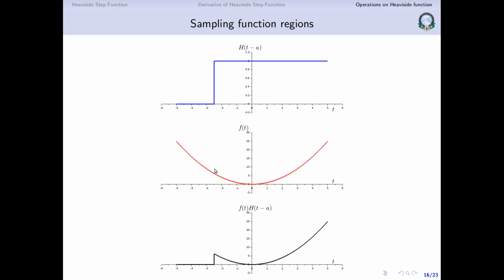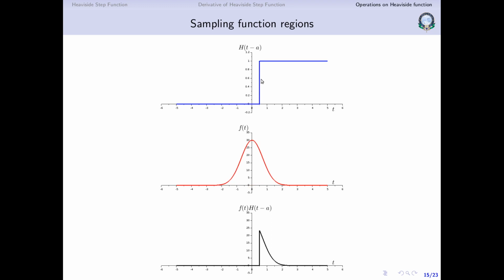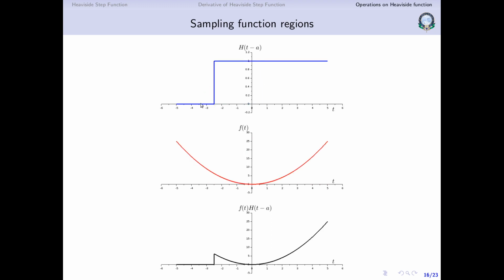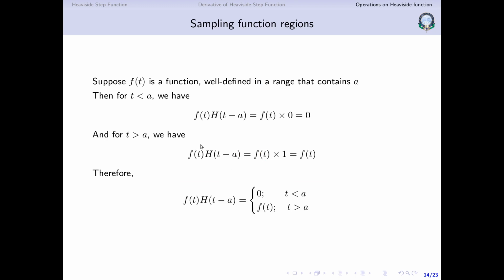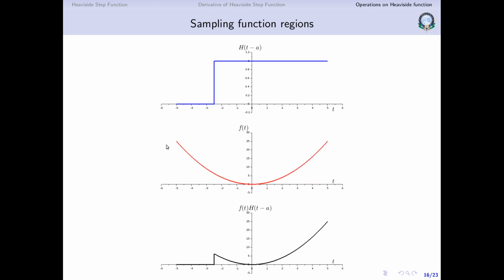Another example is this one. Here this was a product of the Heaviside step function with a Gaussian distribution. So again here I take a Heaviside step function. Now the step is taking place at minus 2.5. This is minus 3 and this is minus 2. This is minus 2.5. So this function can be written as h of t minus (minus 2.5), which is h of t plus 2.5. This is the step function. And this is nothing but f of t equal to t square, just the parabola.